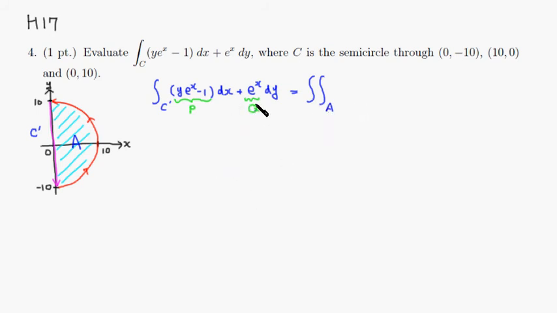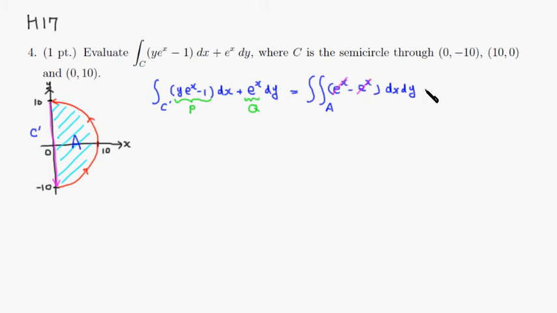And the partial of Q with respect to x would be e to the x, minus the partial of P with respect to y, which would be e to the x, dx dy. But these cancel out, e to the x, so it's going to be an integral of 0.